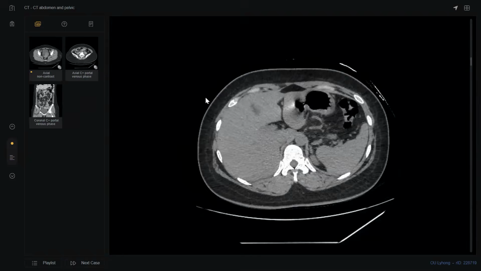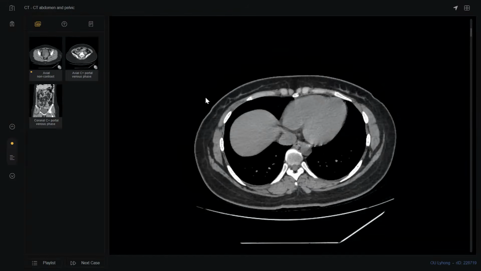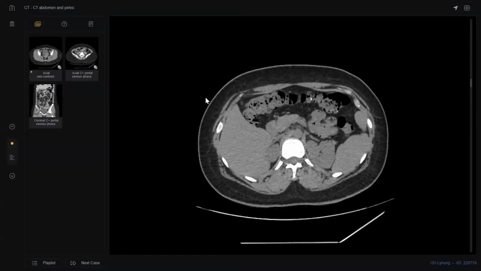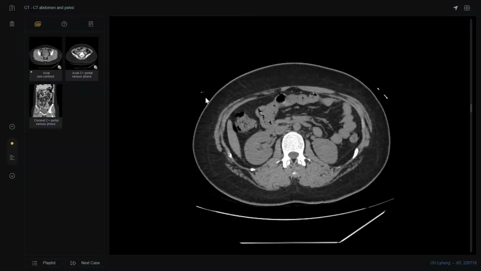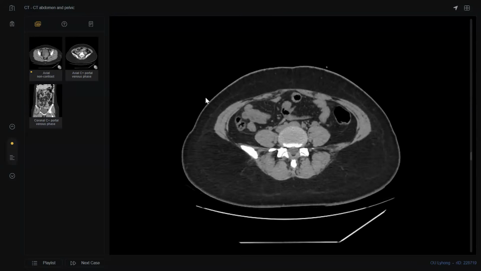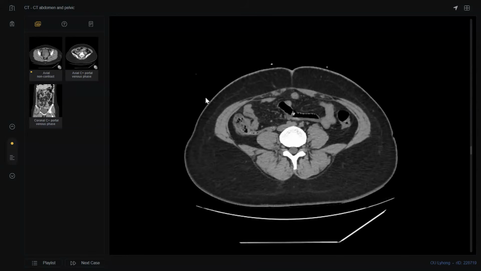Why? Because during our daily work, the appendix, even in ultrasound or CT or MRI abdomen, should be assessed, either normal or abnormal. In some countries, appendicitis represents 50% of acute abdominal causes.